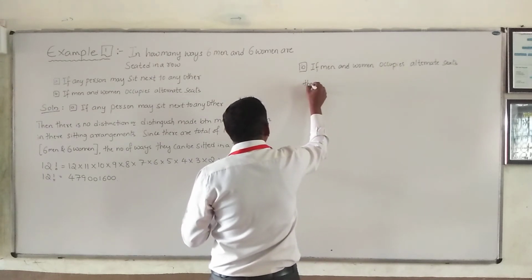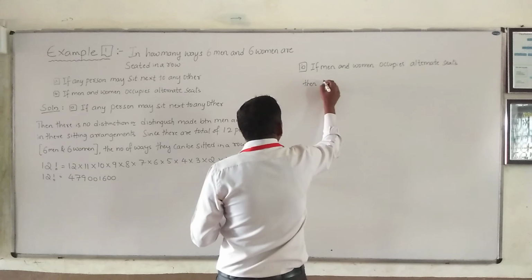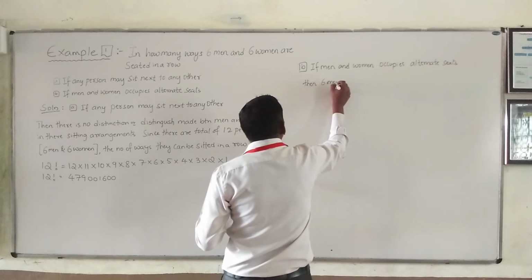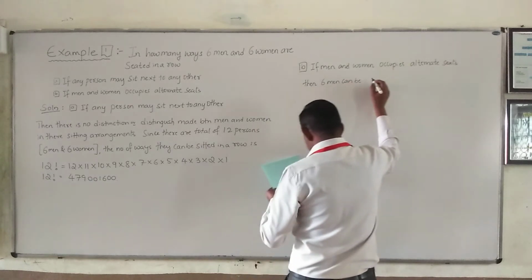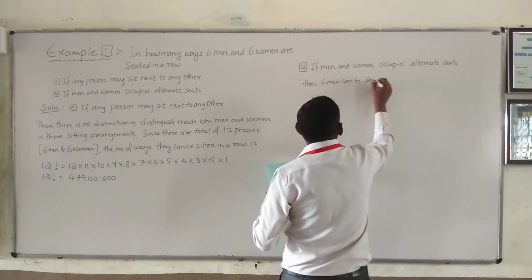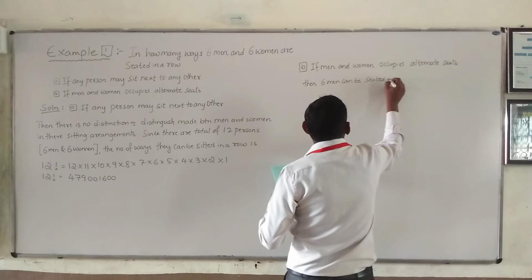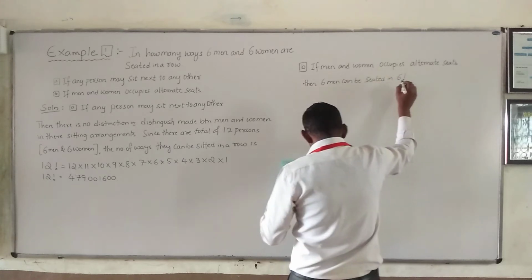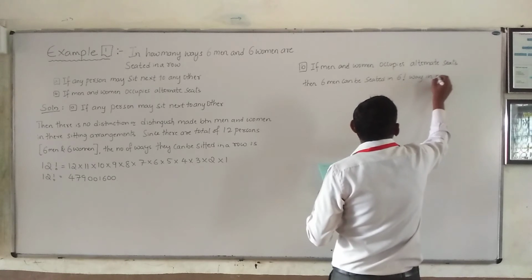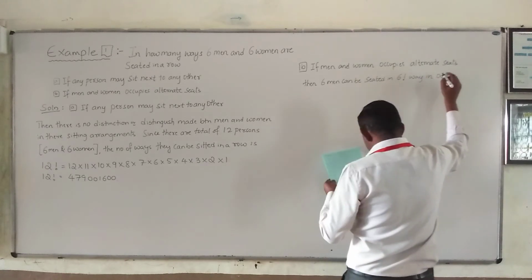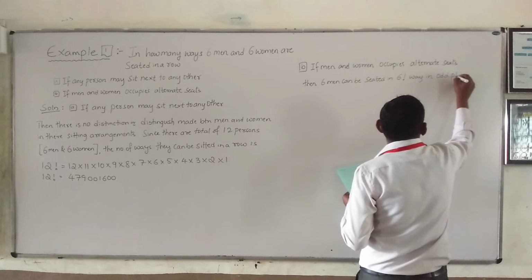Then 6 men can be seated in 6 factorial ways in odd places.